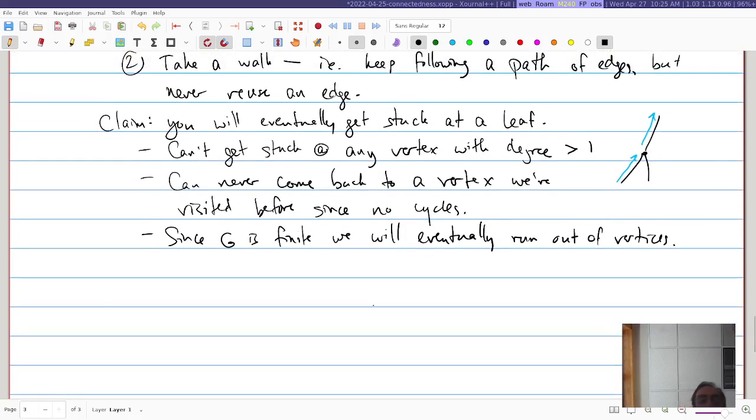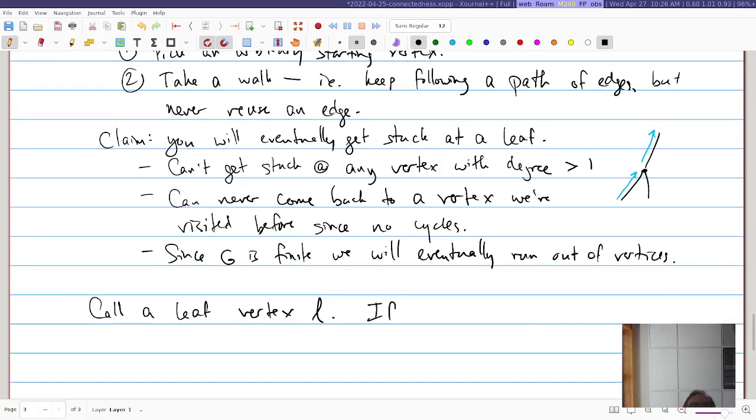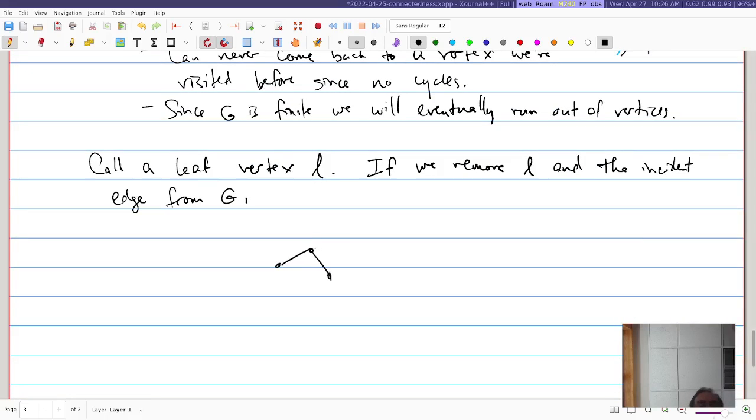Okay, so call a leaf vertex L for leaf. If we remove L and the incident edge, G looks something like this.